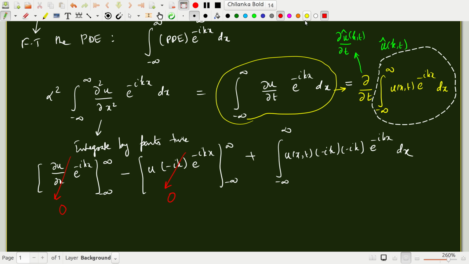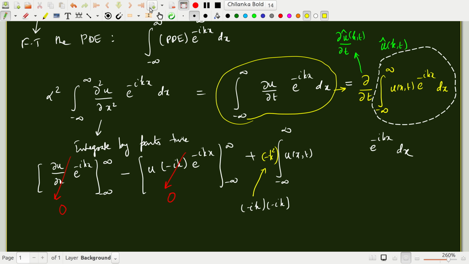On the other hand, in this expression out here, you have these two, which can be pulled out, and this is nothing but minus ik times minus ik, which is minus k squared. So this is basically minus k squared. And what is the rest?